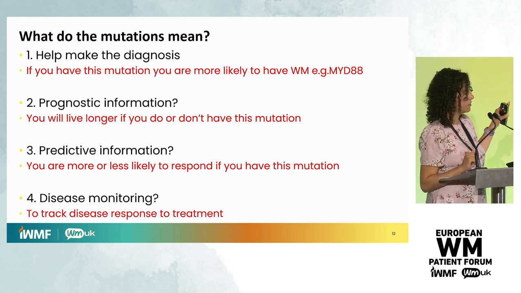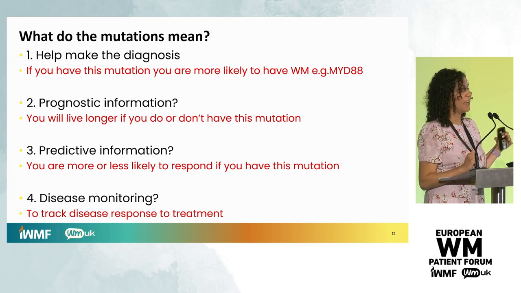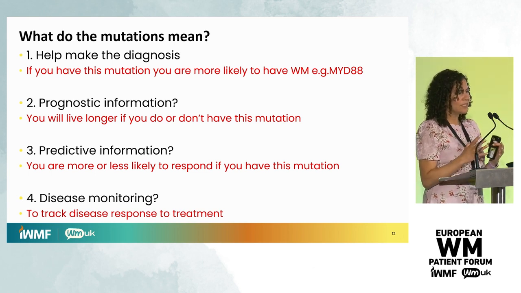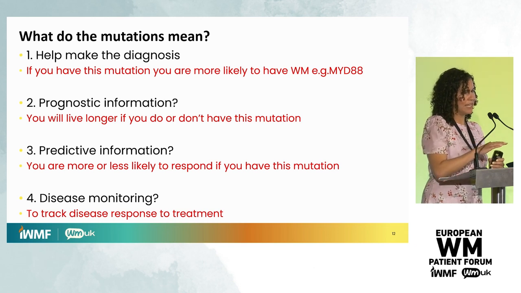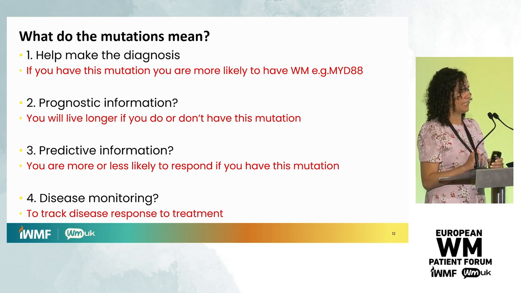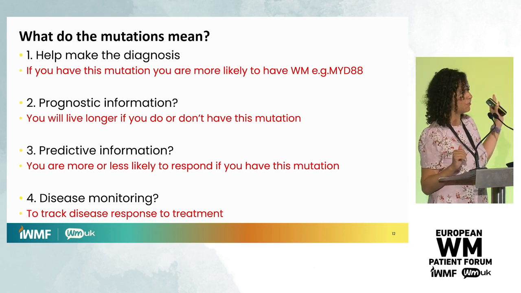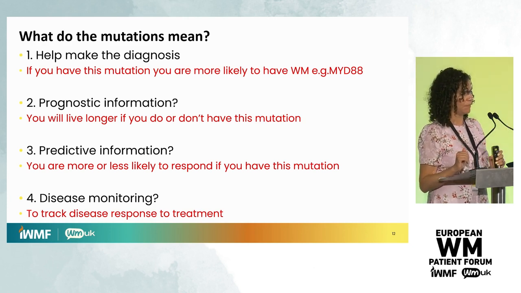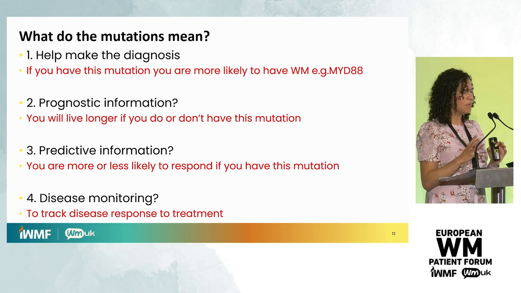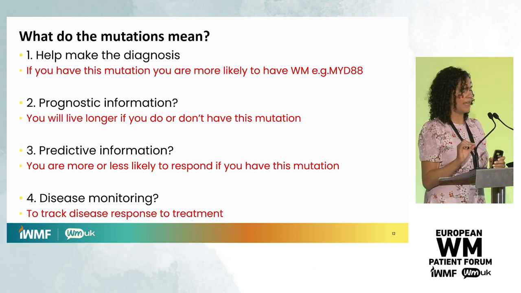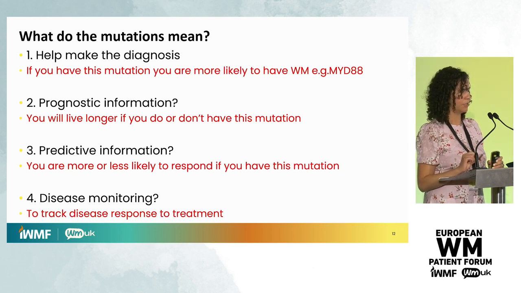At the moment, the rest of these things are really the subject of research. So we look to see whether having the mutation or not having the mutation leads to a difference in how long someone lives for. So that's whether they provide prognostic information. But at the moment, the jury's still out with a lot of these genes, particularly as our treatments are changing, whether they have prognostic information.